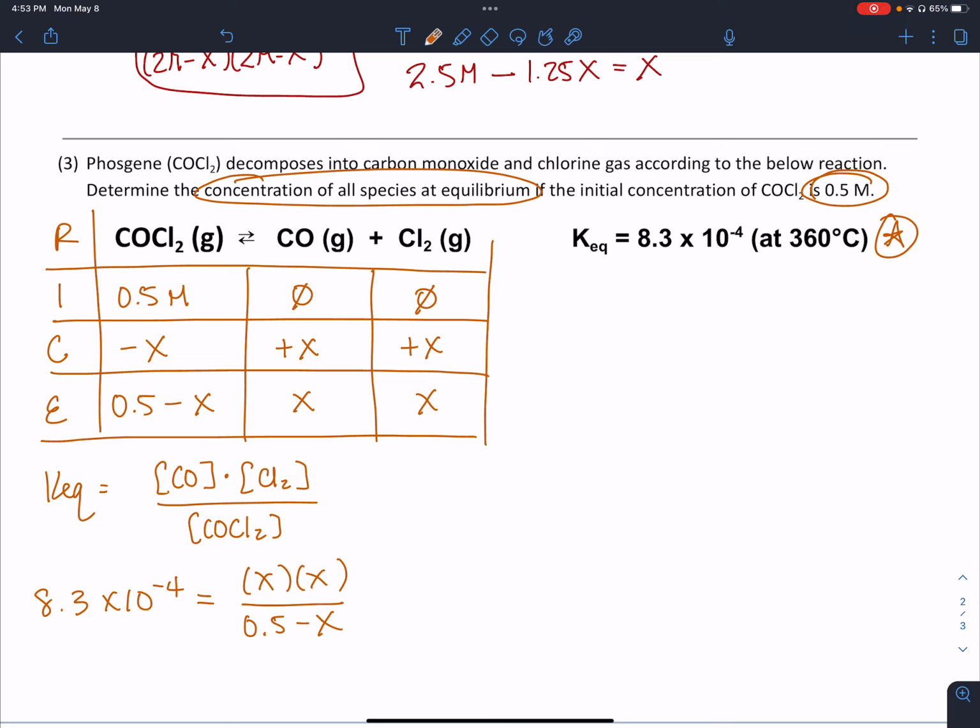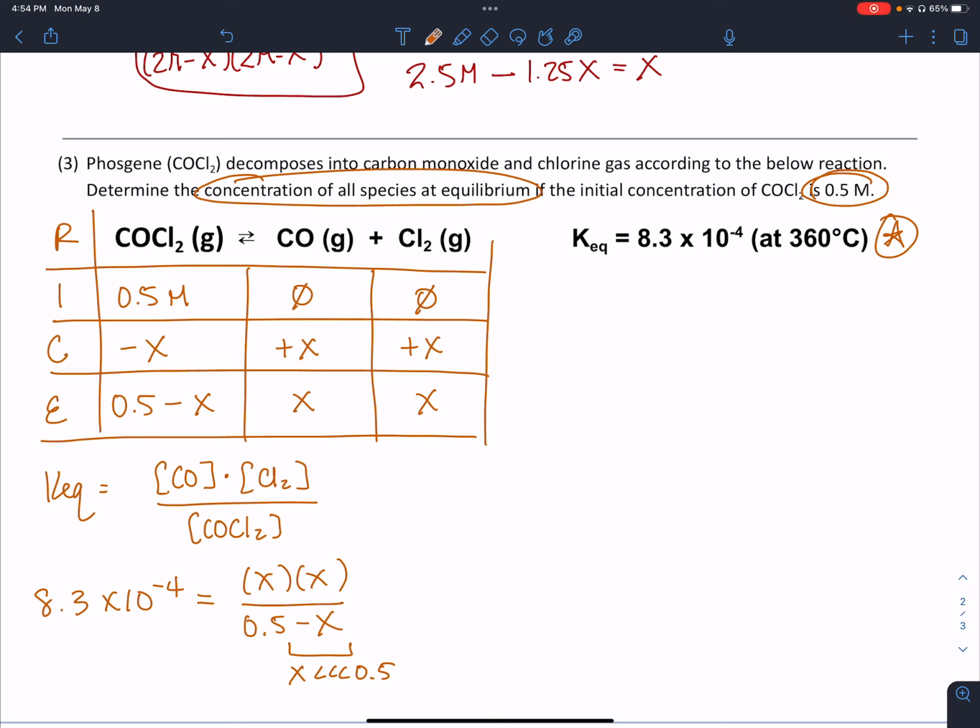The other way, which is what we're going to start with, is we can make an assumption about what X is. This value for KEQ is very small, which means the amount of change is going to be very small. We have a lot of reactants present at equilibrium, so it's not a lot of product being formed here. So what we're going to assume is this X value is much smaller than 0.5, so that if we subtract it out, instead of getting like 0.32, we're going to get 0.4999998.